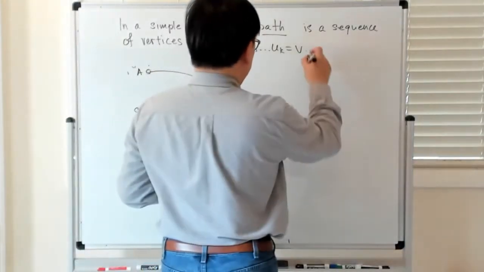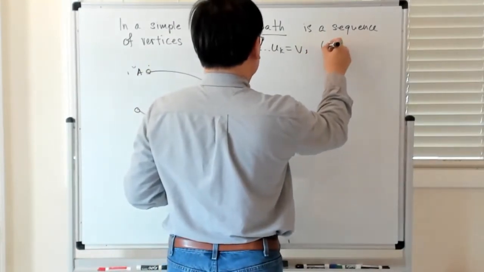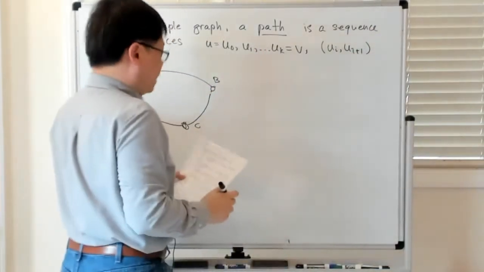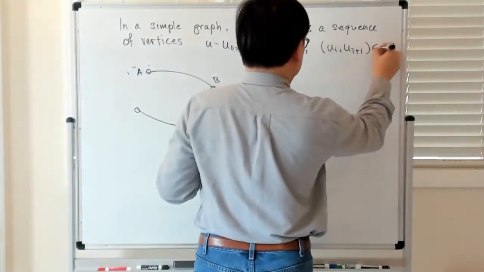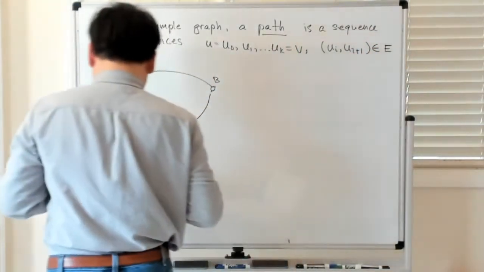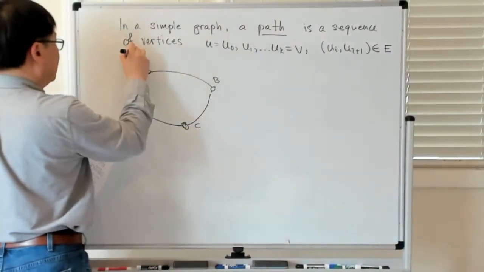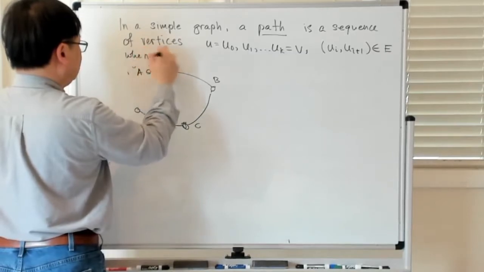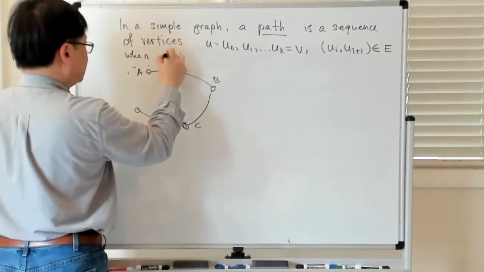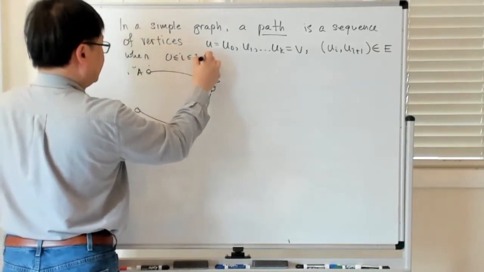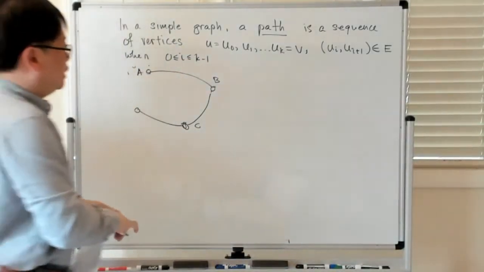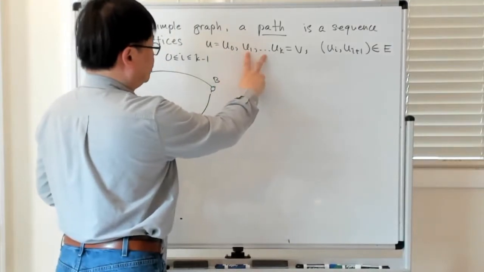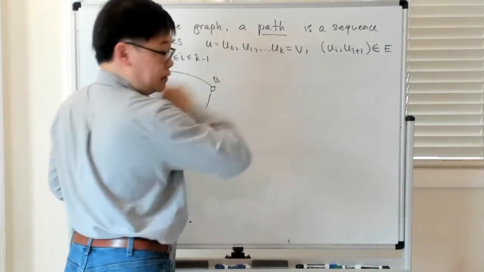It's a sequence of vertices, u0 all the way up to uk, with the property that the pair ui, ui+1 is in the edge set of the graph, when i is between 0 and k minus 1. So that's saying that there's edge u0, u1, u1, u2, all the way up to uk minus 1, uk.